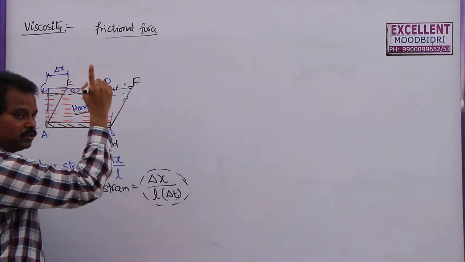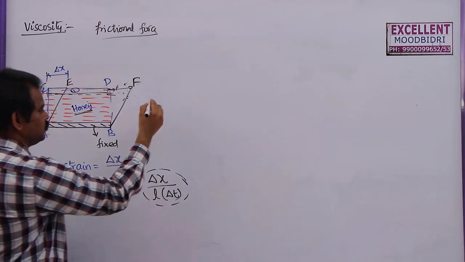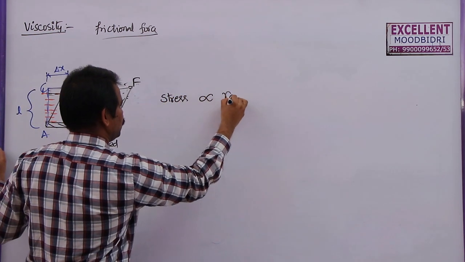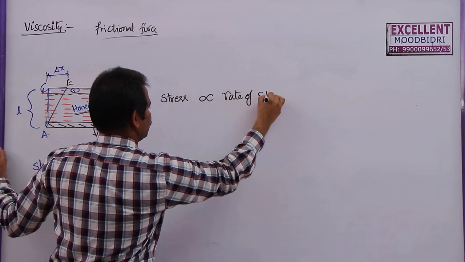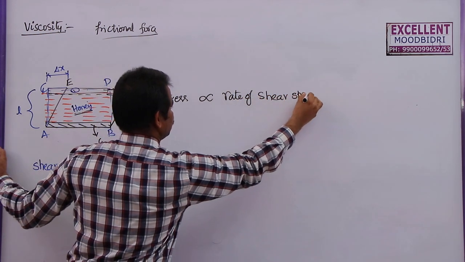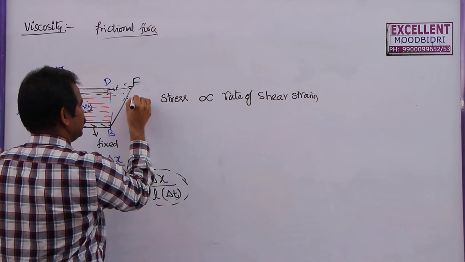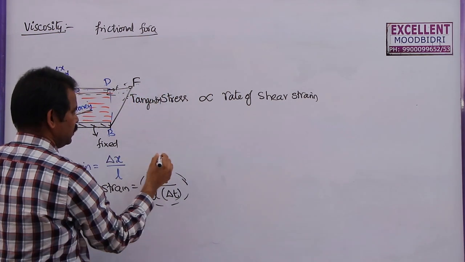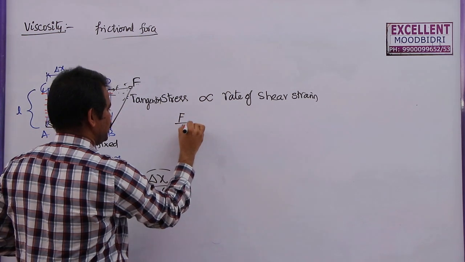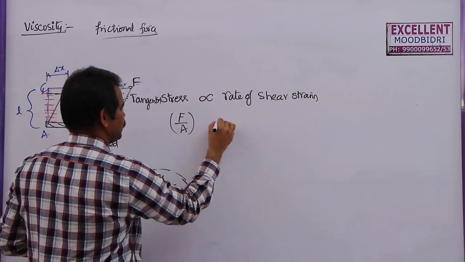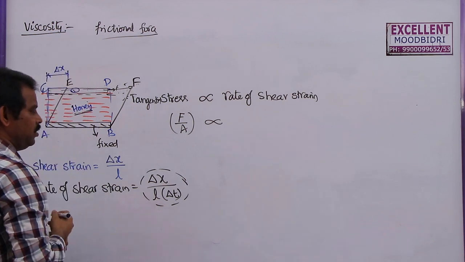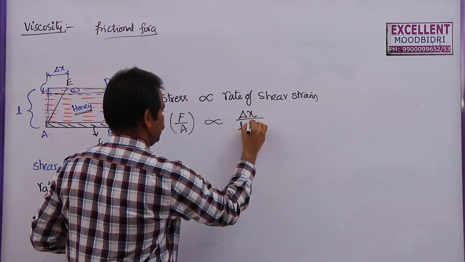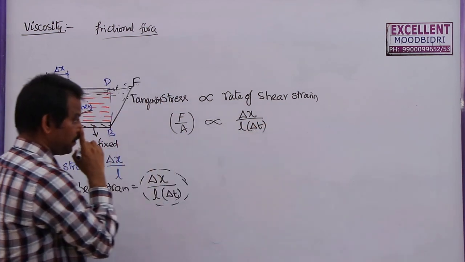So according to Hooke's law, stress is directly proportional to strain. Here, stress is directly proportional to rate of shear strain. This is the shear stress or tangential stress. So I am going to write F by A, the tangential stress, directly proportional to the rate of shear strain, delta x by L into delta t.